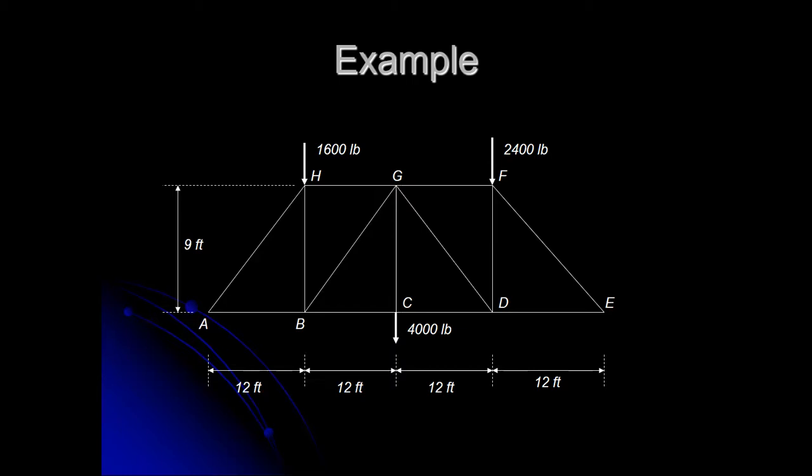So let's see here. We got A, B, C, D, E, F, G, and H. 1,600 pounds at H. 2,400 pounds at F. And then we've got 4,000 pounds hanging from C. And let's see, this whole thing's 9 feet tall.